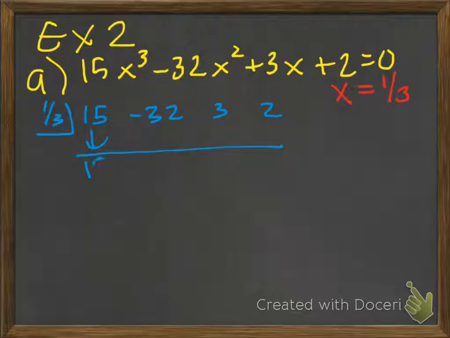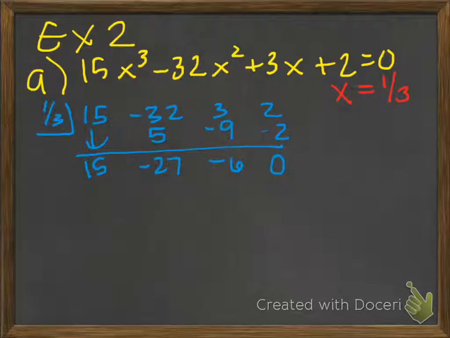I drop the 15, and 1/3 of 15 is 5. When I add, I get negative 27. 1/3 times negative 27 is negative 9. When I add, I get negative 6. And 1/3 times negative 6 is negative 2. So I get no remainder.